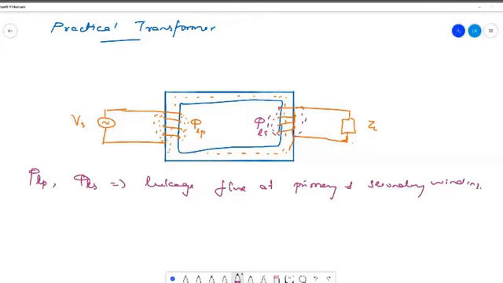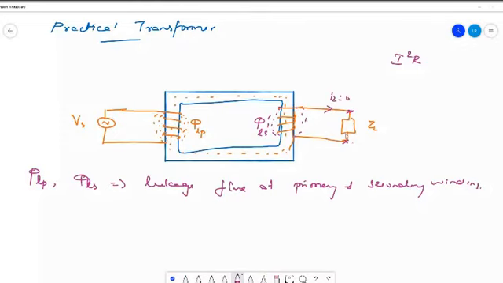And also, in the previous case we have assumed that the winding resistances are zero. But whenever there is a resistance R associated with the winding, obviously there is going to be a loss, which we can call the I square R loss in the winding. And also when, let's say, there is no load connected here, if you are open circuiting this, then obviously there is no I2 flowing.